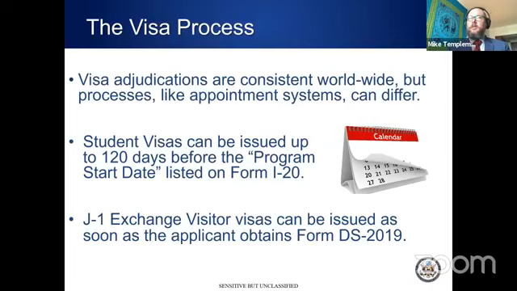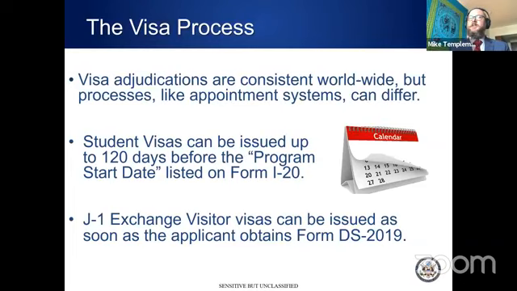In general, when you apply to your program, the program's going to have a specific start date. That program start date is going to be listed on a document that you will be issued from the school, and that date will determine when you are actually eligible to be issued a visa, okay?